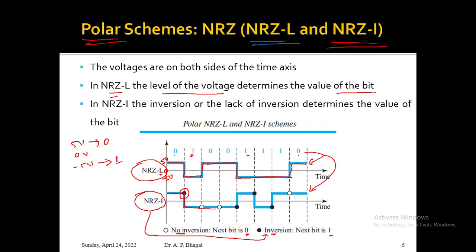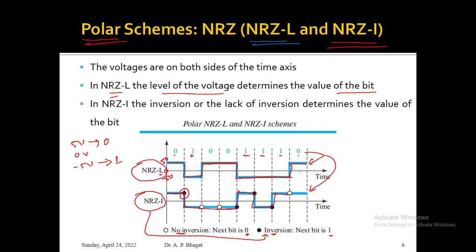That means it will remain in the same path, represented by using the same voltage values. Again the next bit, the 5th bit, is 1, so again the signal will be inverted. Again the next bit occurring is 1, so the signal is inverted. Again the next bit which is occurring is 1, so again the signal will be inverted.